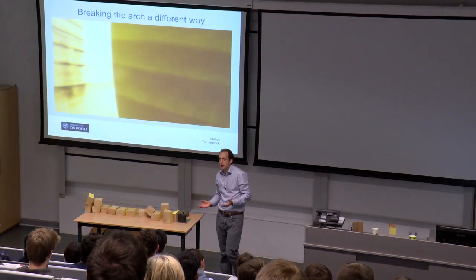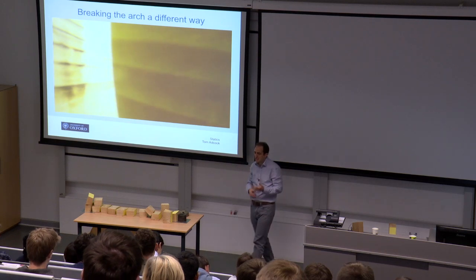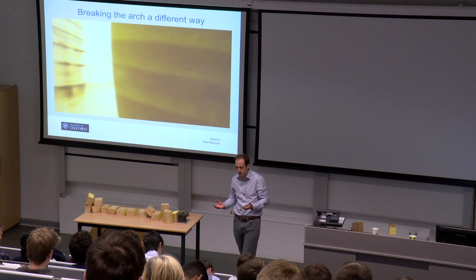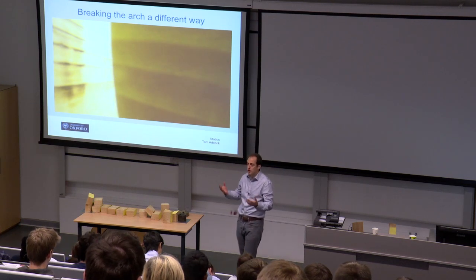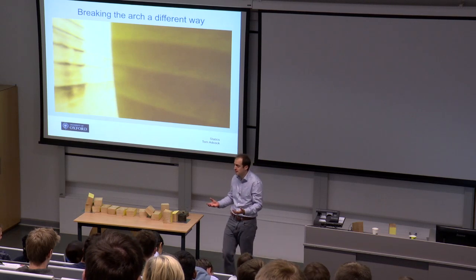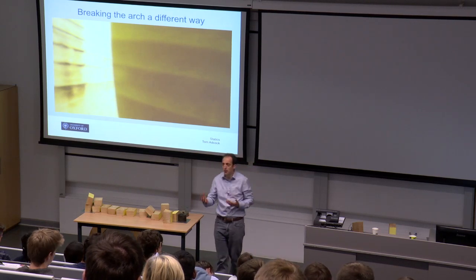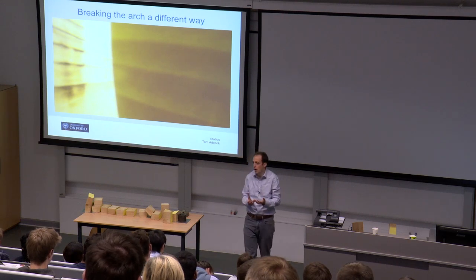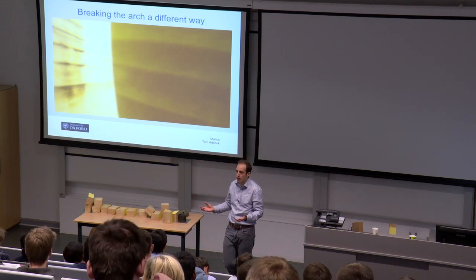So what I've tried to do in this brief lecture is to give you a bit of an insight into how engineers tackle problems. If we are given a challenge, we need to develop a model for that. Virtually all the time that model proves to be a mathematical model, because that's the most convenient way of describing the world around us.